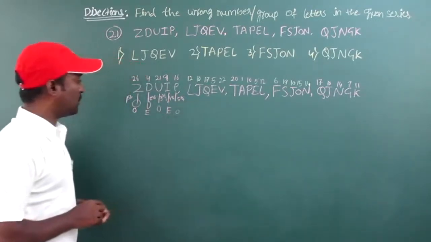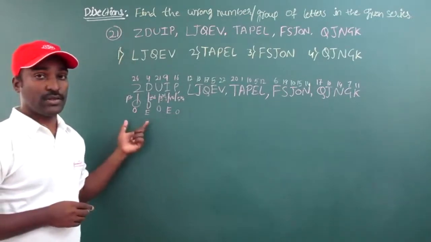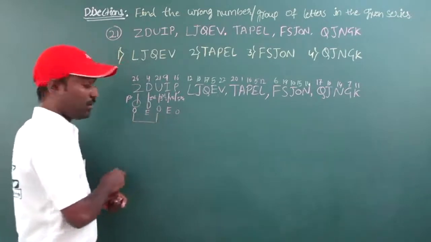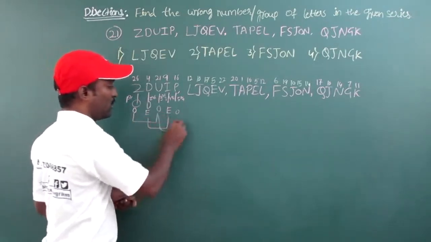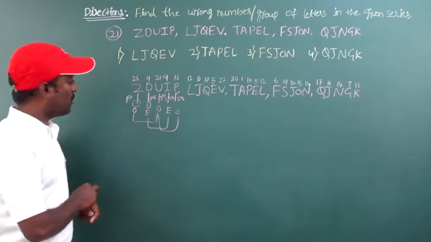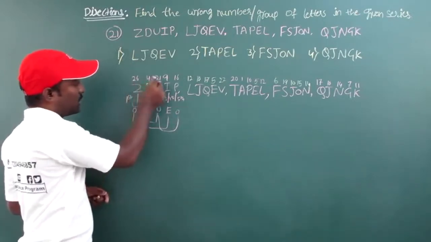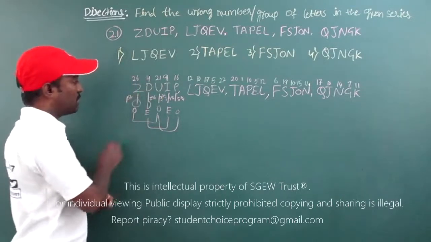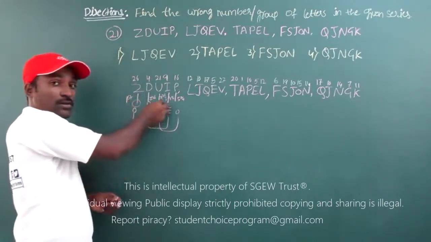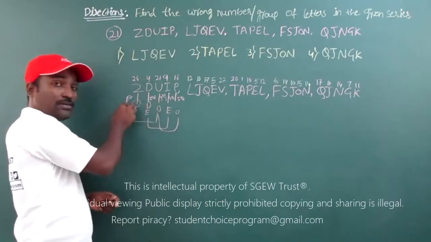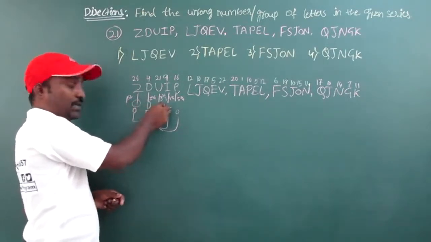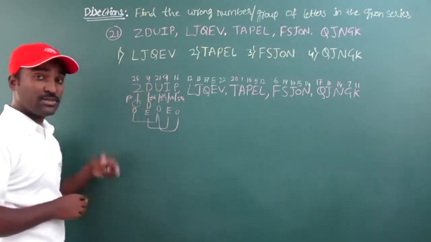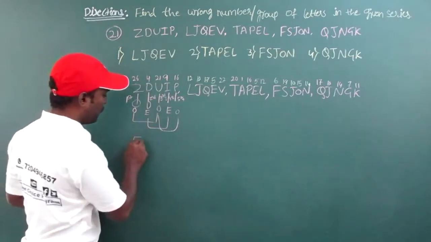Now what I will do, I will take the difference of positions of letters which are present at odd, even, and then odd, like this. So what is 26 minus 21? First minus third: the letter present at first and the letter present at third position. 26 minus 21 will give me 5.